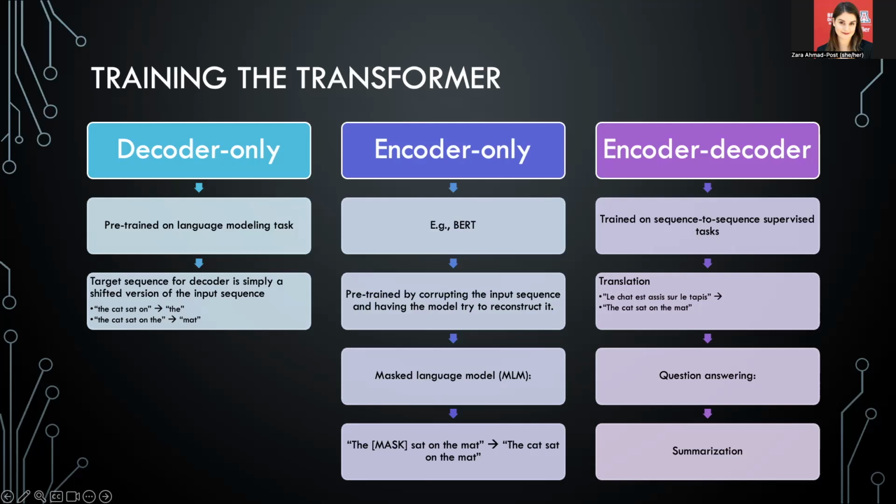So that's another masked language model. In this case, we have the mask sat on the mat, and what we want to output is the cat sat on the mat, right? So we have another masked attention mechanism situation going on, but it's at the encoding side.